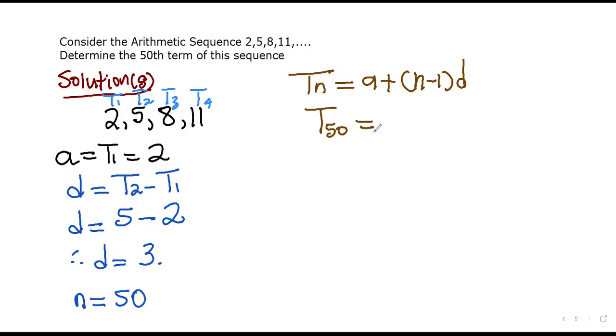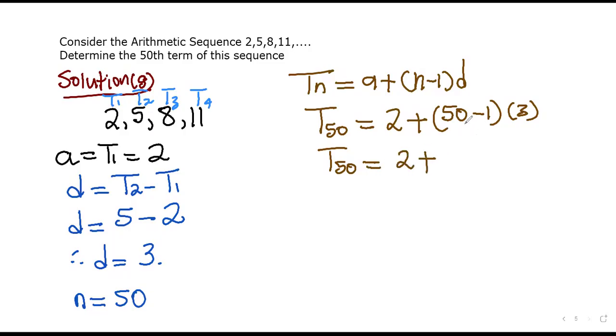Now you substitute: the value of A is 2 plus, in the place of n, I'm going to put 50 minus 1, multiplied by the common difference, which is 3. So T50 equals 2 plus 49 multiplied by 3. To write it properly, T50 equals 2 plus 3 times 49.